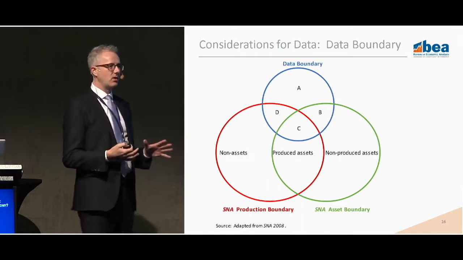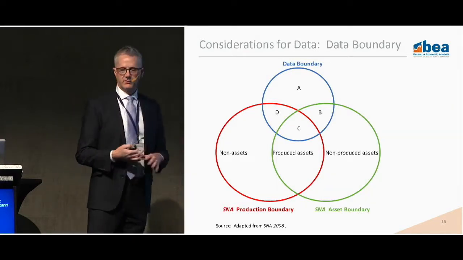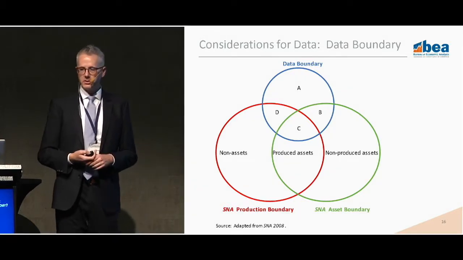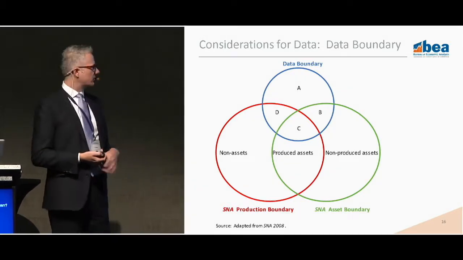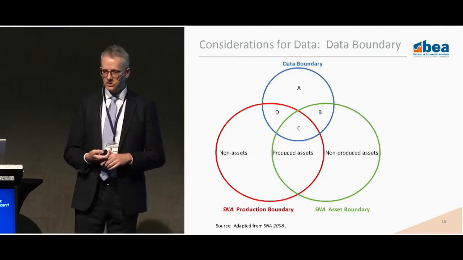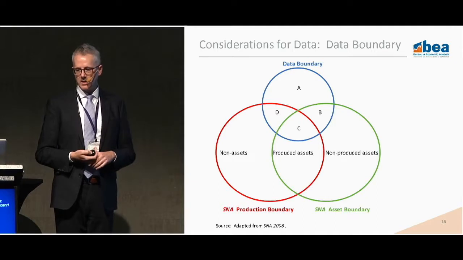So we're not suggesting that all data fit within the scope of national accounts, and we're illustrating that using a data boundary shown in blue here. It's overlapping, superimposed over the SNA asset boundary in green and the production boundary in red.